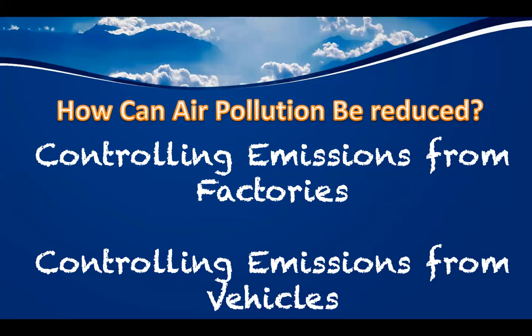Reducing emissions also requires a lot of effort. Controlling emissions from factories. In the past, industries dealt with emissions by building tall smoke stacks. The stacks release waste high into the air where it could blow away, but the pollutants still ended up somewhere.